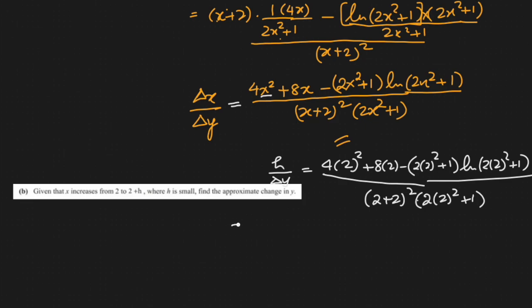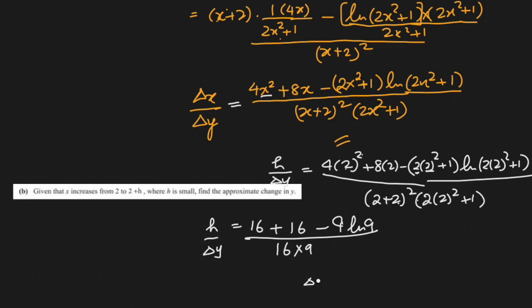Okay, it becomes how much? 4 times 4 is 16, plus 16, minus, 4 times 2 is 8, plus 1, 9, natural log 9, over 4 square is 16, and that is 9. That is h over delta y. We want to find delta y.